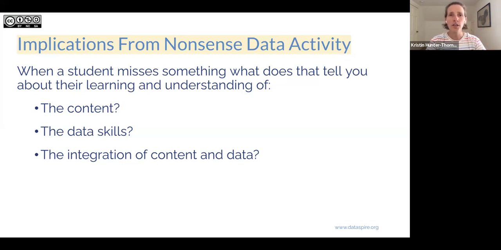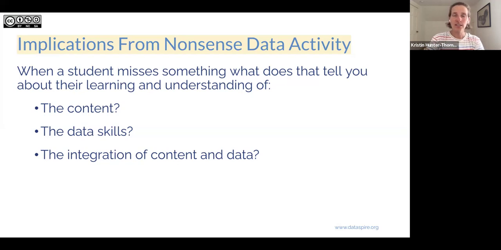That integration of the content and the data, as in, I can execute interpreting data in a math classroom with a totally made up simulated data set, but I cannot interpret the data in this particular math example from a real world data set that has a content application of what that slope means to the broader context. That integration piece might be what the students are missing.